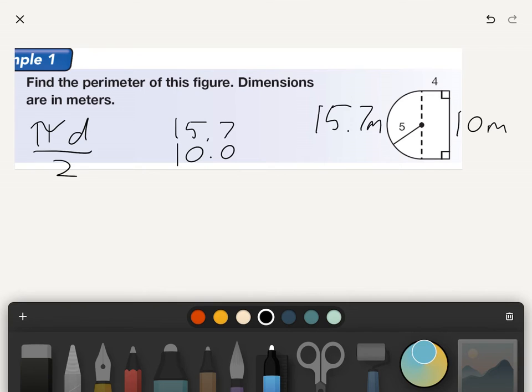And I'll just save us a step and say 8. I'm adding those together in my head, if that's all right. That gets us to 33 and 7/10 meters, approximately.